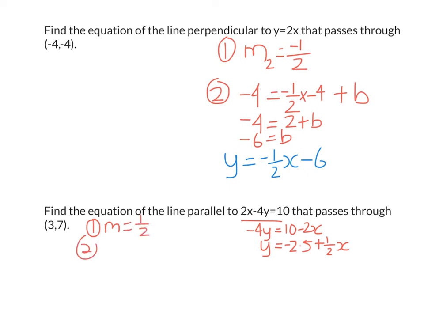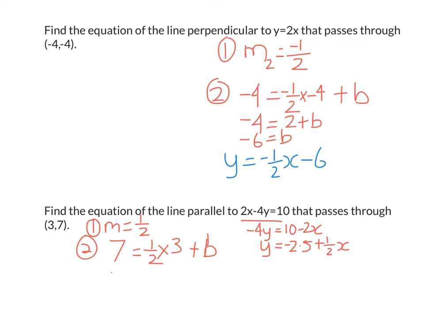Now I'm going to find b in the same way. The only difference between these two questions is how I found the gradient. Now I know the gradient is a half. This time it's positive a half. I rub it out and put half. And again, I'm going to substitute x and y as values from the point. The point I was given was 3, 7. So I'll substitute y for 7 and x for 3.